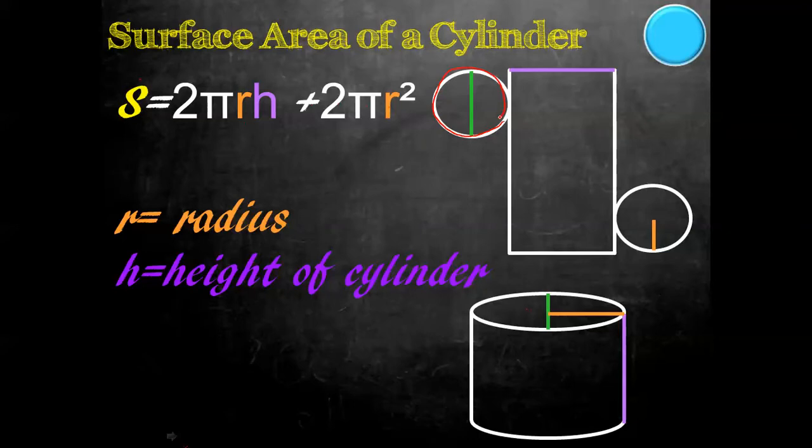What do we call a perimeter of the circle? The perimeter of a circle is just the circumference, and to find the circumference of a circle, we use 2πr. So the perimeter of a circle is going to be 2πr times the height of the prism. So that's where we get 2πrh.